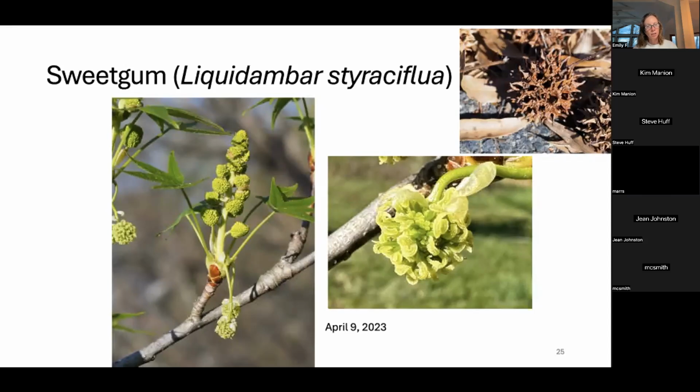I would slide down the bus stop on all of the sweet gum capsules to get to the bus on time. In the horticultural trade, they have made a fruitless variety for landscaping so that you don't have to deal with this capsule and hurt your feet. So it's an option now.